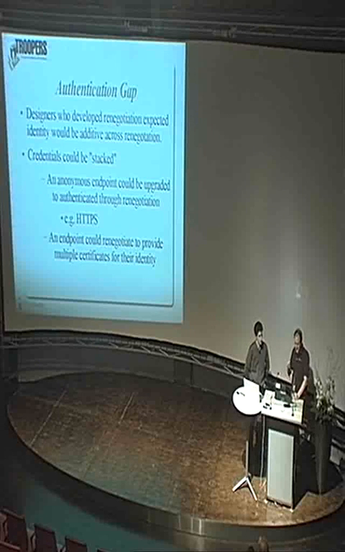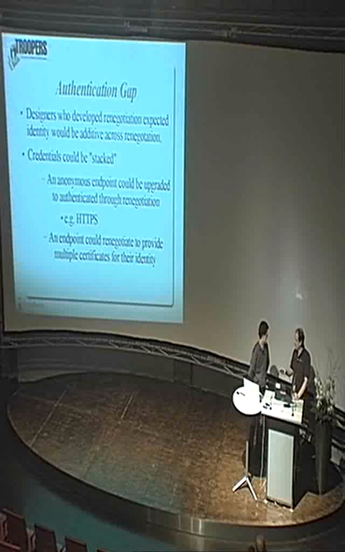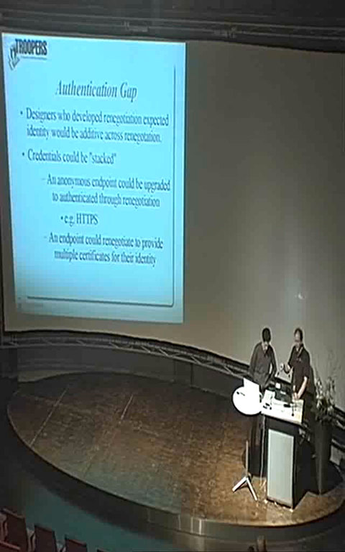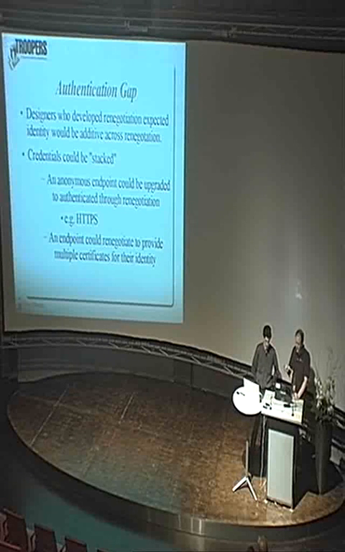But there was this implicit assumption. It's not stated much, but I think if you read between the lines, identity is additive across renegotiation, or at least it was supposed to be, so that if you receive data from an anonymous endpoint, you can then upgrade that to get some strong credentials from that endpoint and know that it was the same guy you were talking to even back when he was anonymous.